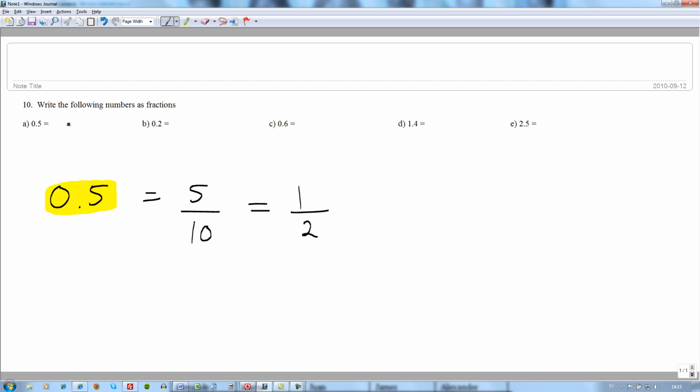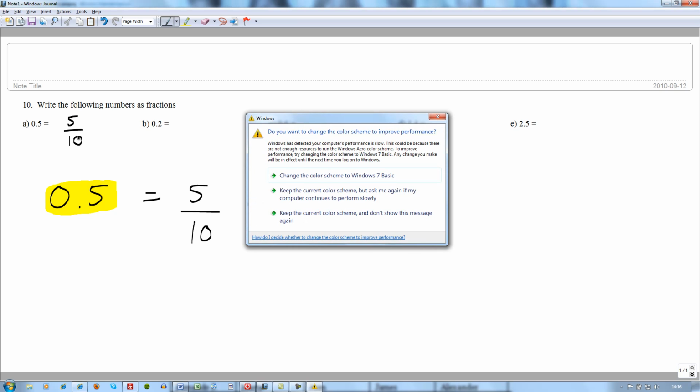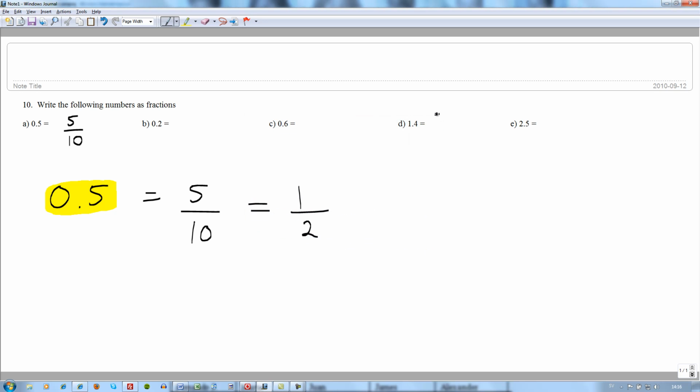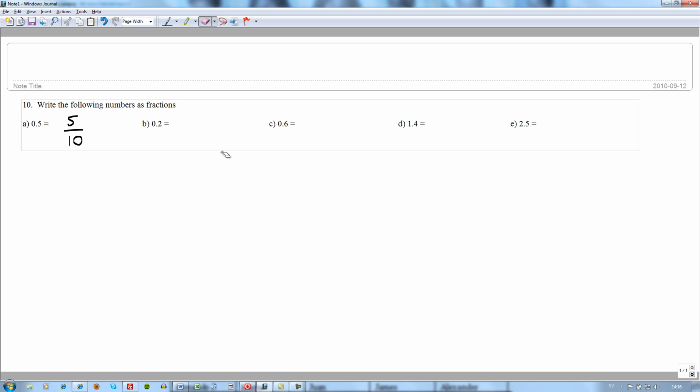So in the first assignment here we can write either 5/10 or 1 divided by 2. Let's write 5 divided by 10. Let's use the same trick for the next one, 0.2.